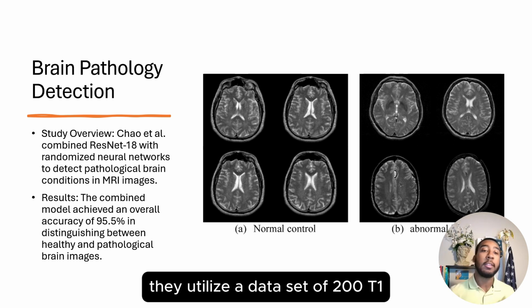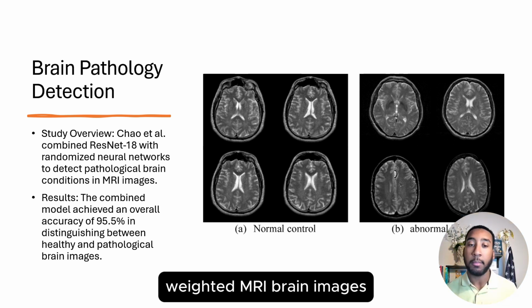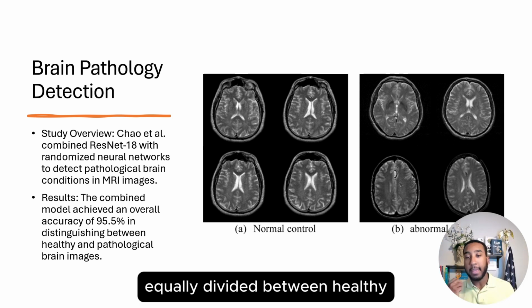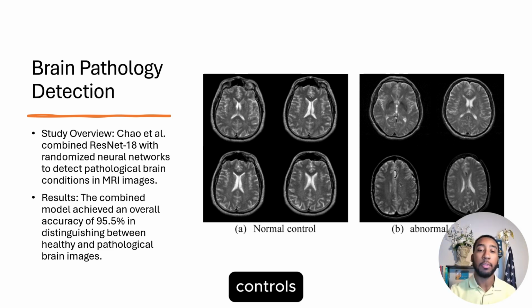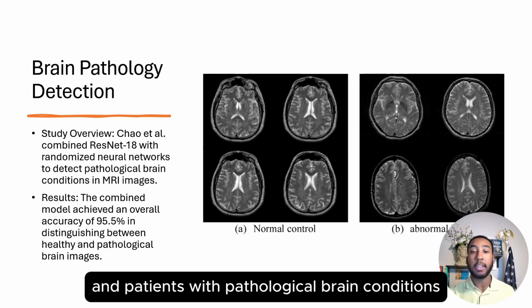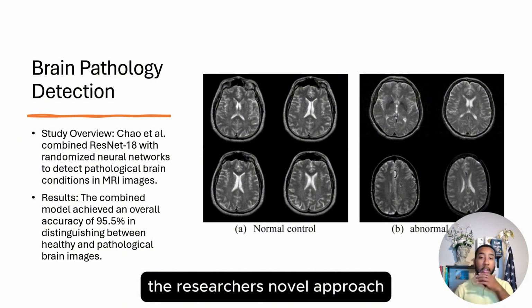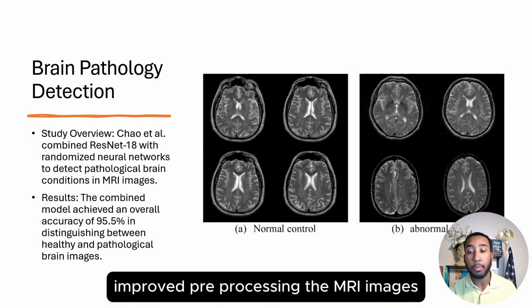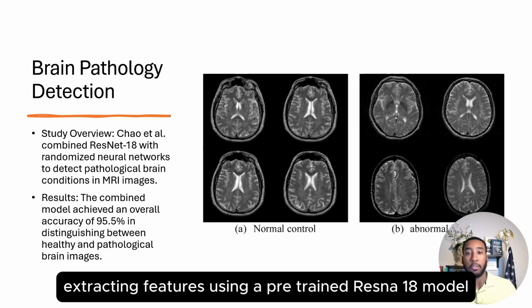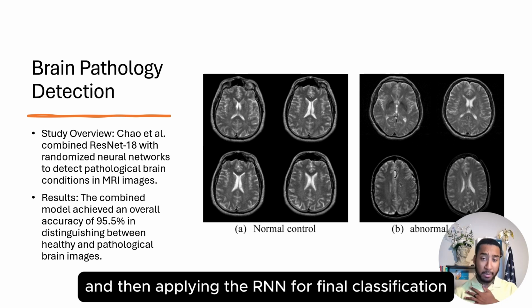They utilized a dataset of 200 T1 weighted MRI brain images, equally divided between healthy controls and patients with pathological brain conditions. The researchers' novel approach involved pre-processing the MRI images, extracting features using a pre-trained ResNet model, and then applying the RNN for final classification.